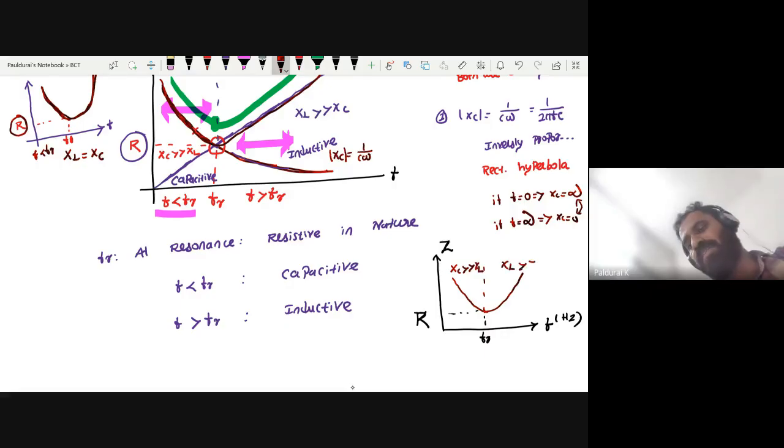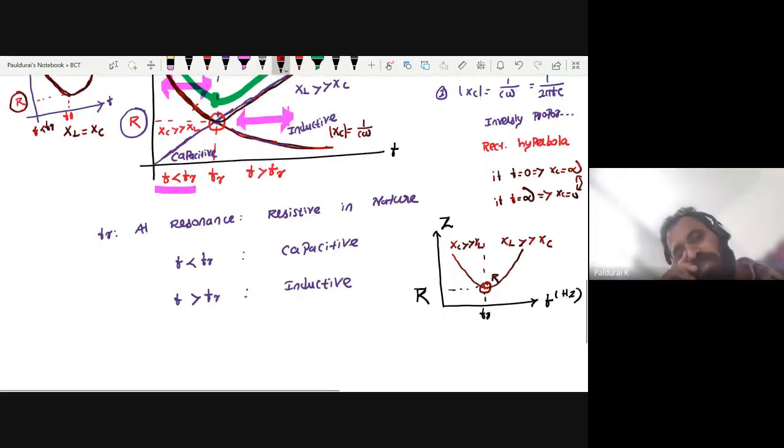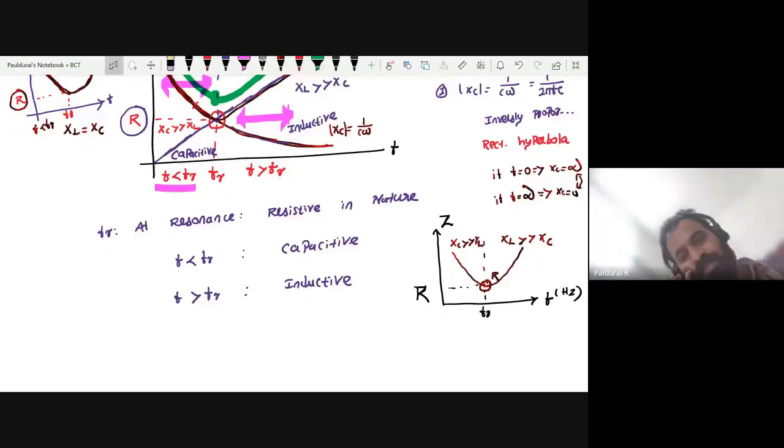Here XL is very, very greater than XC. At this point, it is R. So this diagram you want to remember. This concept is very, very important. This is the variation of impedance with respect to frequency. Any doubt?